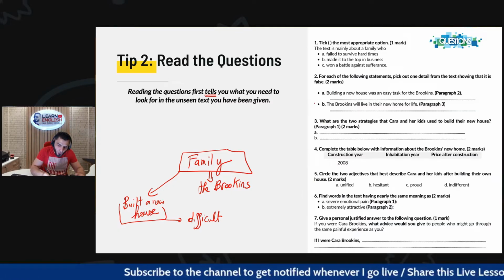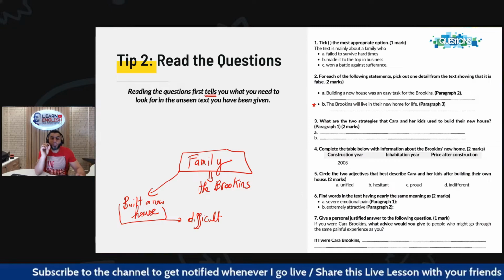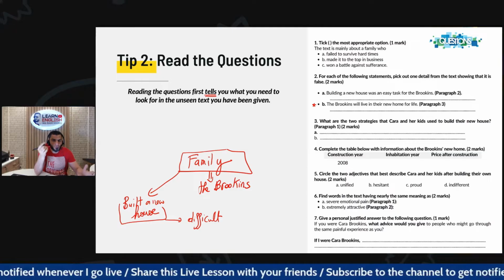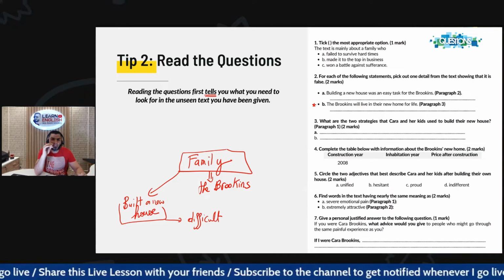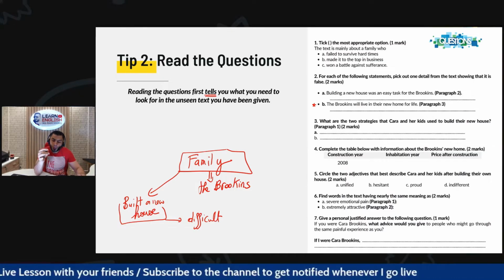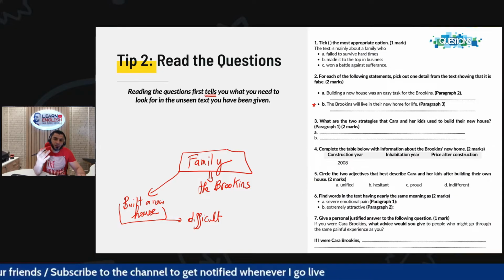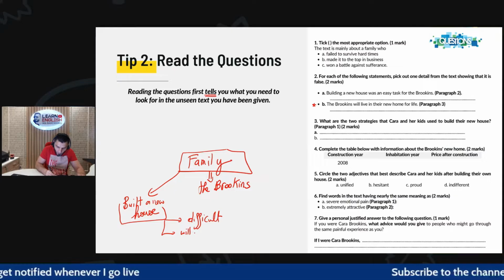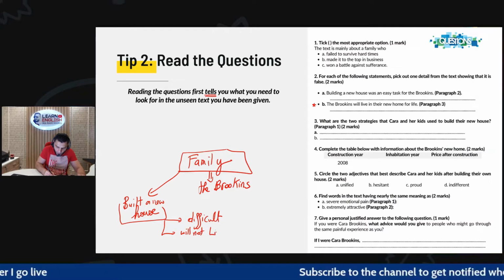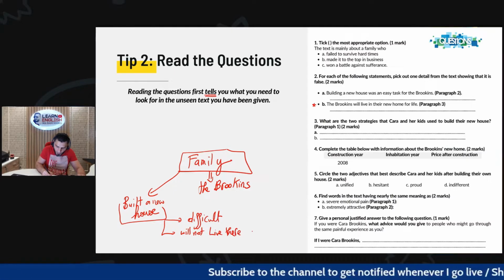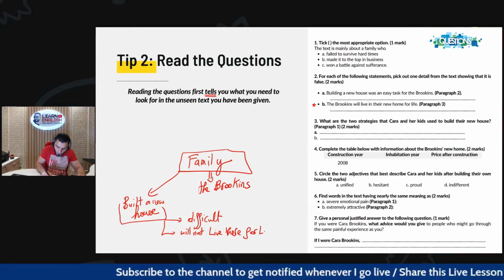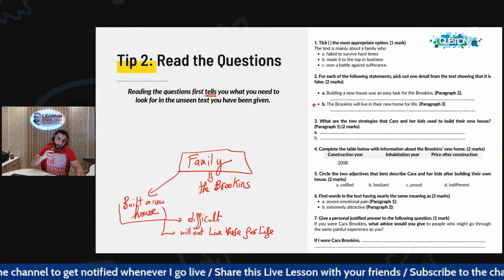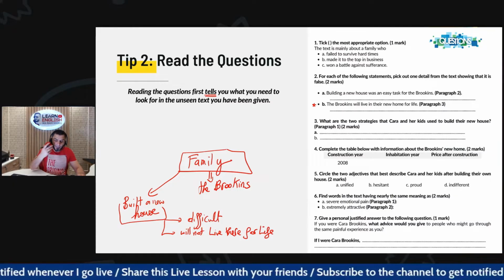So you see now I'm getting an idea about what the text is about. Let's move on to the second one. The Brookins will live in their new home for life, which means forever, for their entire lives. So this is not correct. So I have something new here. They will not live there for life. So you see, I'm getting an idea about the text.